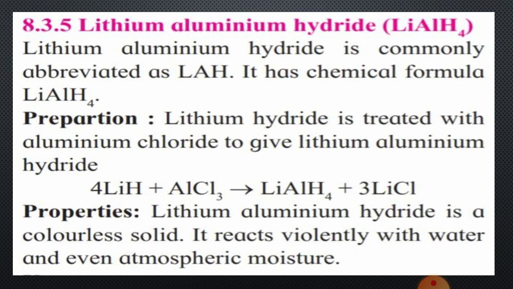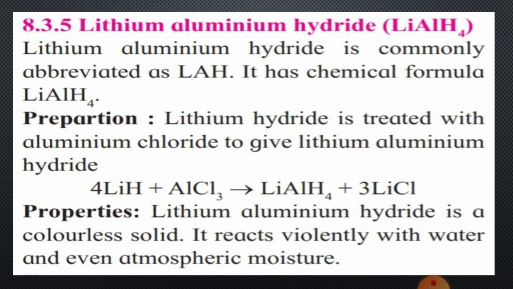Fine. So how has it been prepared? Now we are not talking about lithium aluminium hydride, we are taking the reactant lithium hydride, LiH. This lithium hydride, when treated with aluminium chloride, AlCl3, gives you lithium aluminium hydride.